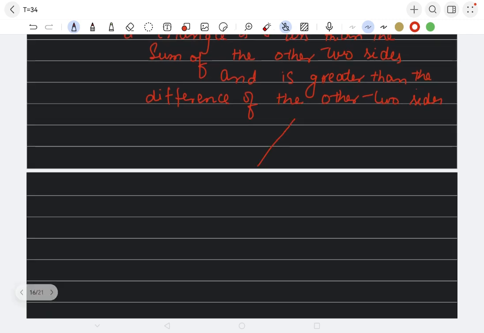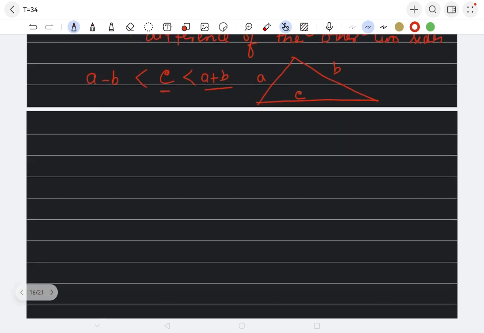And it will be like this. This is A, this is B, this is C. Now C is in the middle, between A minus B and A plus B. So what did I tell you? The length of one side of a triangle is less than the sum of the other two, so C is less than A plus B and greater than A minus B. So this is our theorem number 1.